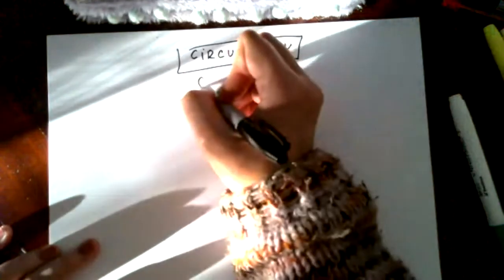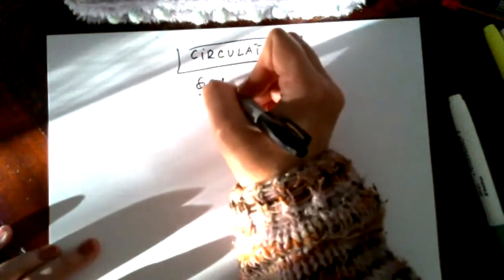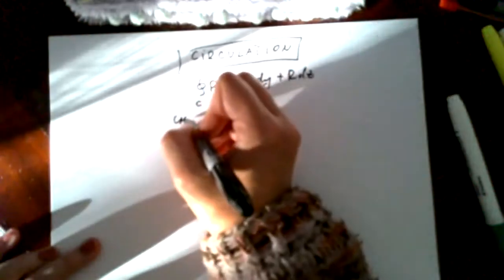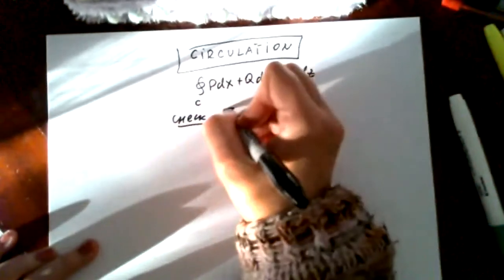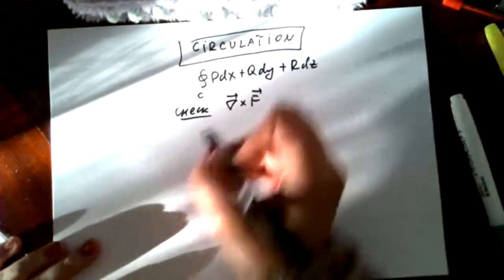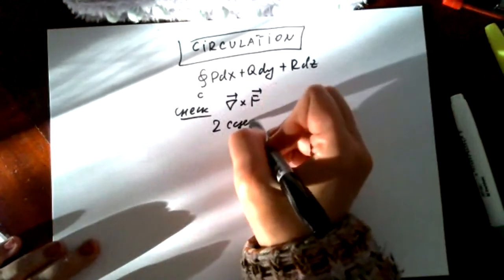It turns out that, again, if you're dealing with circulation, then you're asked to calculate this integral. Or maybe you need to check curl first. Check curl first, and you will end up with two cases.